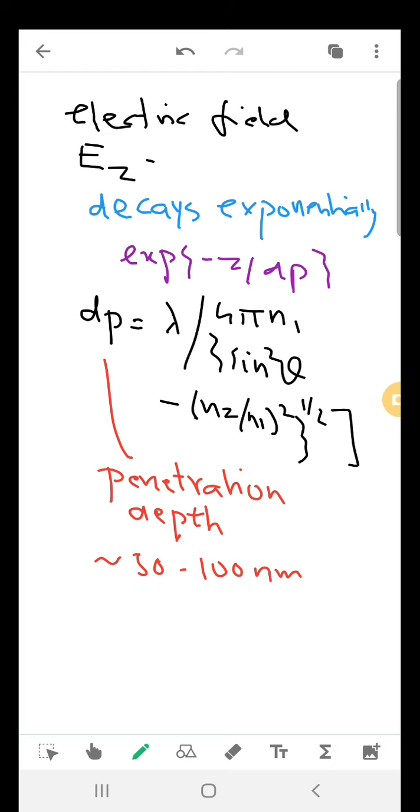Now the evanescent wave energy can be absorbed by an emitter, a fluorophore, to generate fluorescent emission.